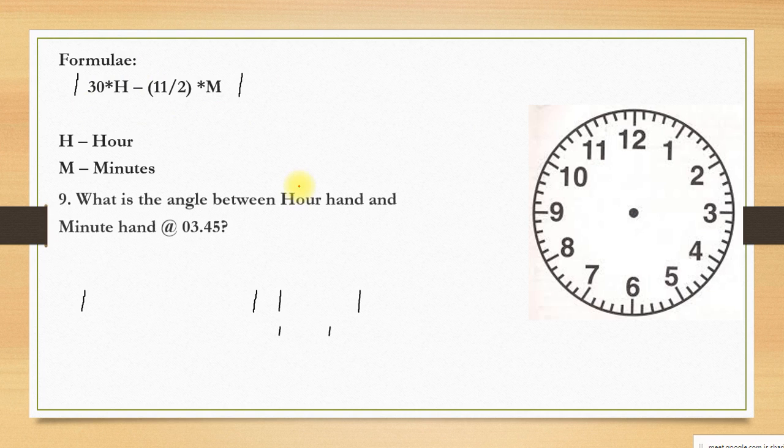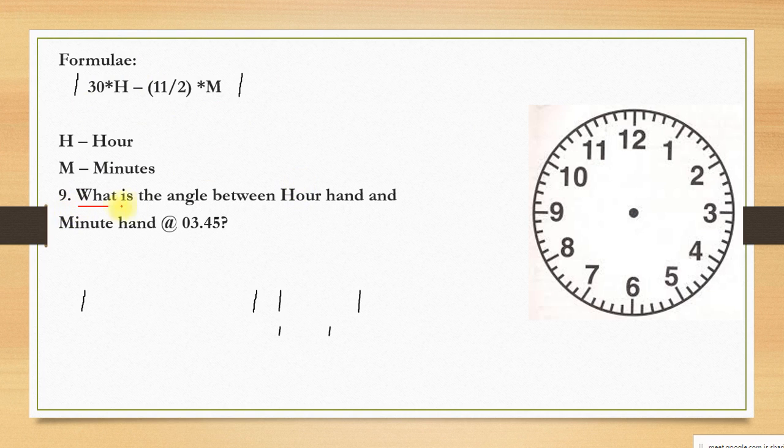What is the angle between the hour hand and the minute hand at 3:45? As I told earlier, we have solved the same problem. It will be somewhat like this. I am having 1, 2, 3, 4, 5 and 6 divisions.